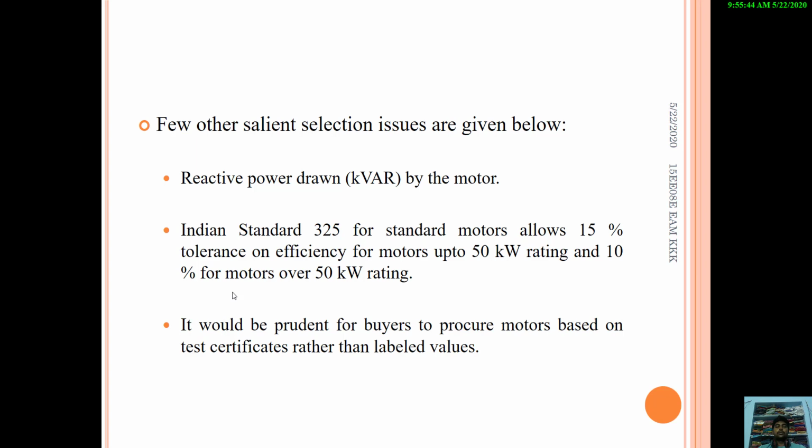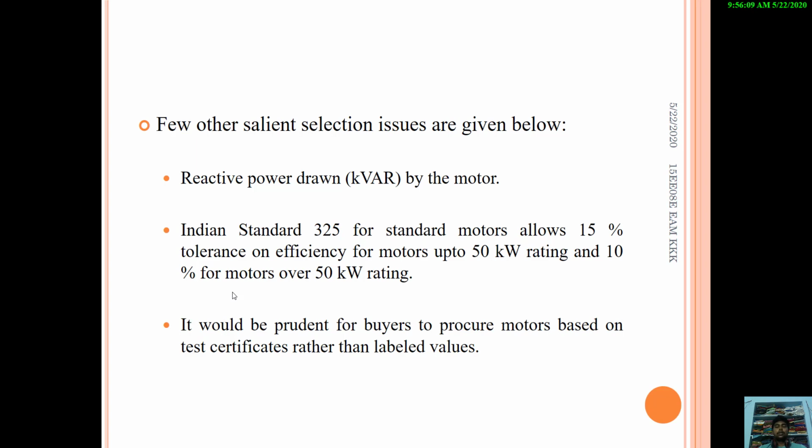Next, a few other salient selection issues are given. One is the reactive power drawn by the motor. We have to check how much reactive power the motor will draw from the supply. The Indian Standard IS 325 allows 15% tolerance on efficiency for motors up to 50 kilowatt rating and 10% for motors over 50 kilowatt rating.